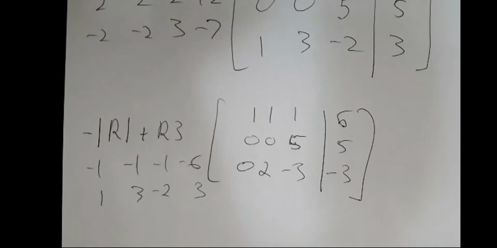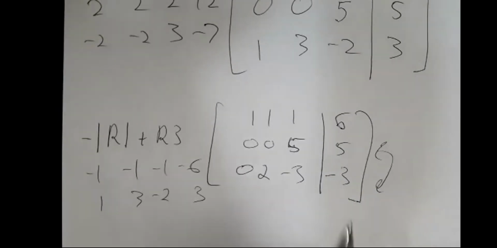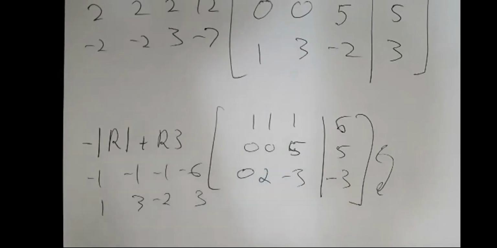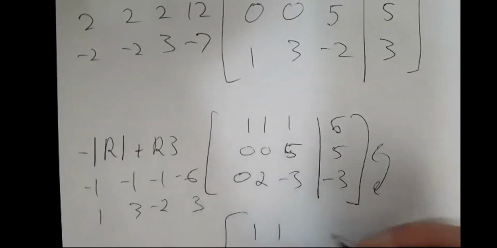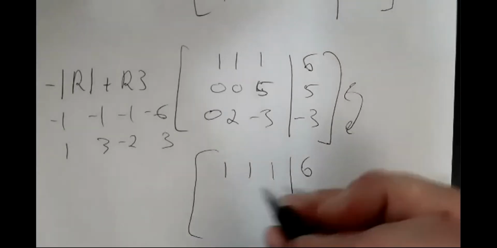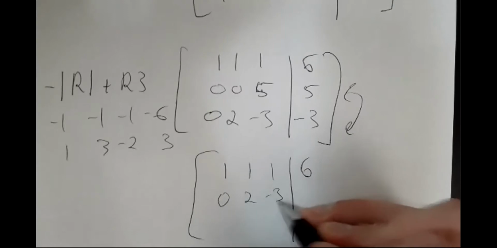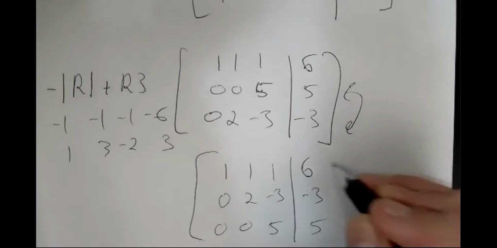Would we switch row 2 and 3? Yeah, that's what I would do. I'd swap these 2 rows. This one is almost solved for our last variable right here. It would make life a lot easier if you just swap those 2. There might be another way to do it, but just looking at it, it looks like that's probably the easiest way. So 0, 2, -3, -3, 0, 0, 5, 5.